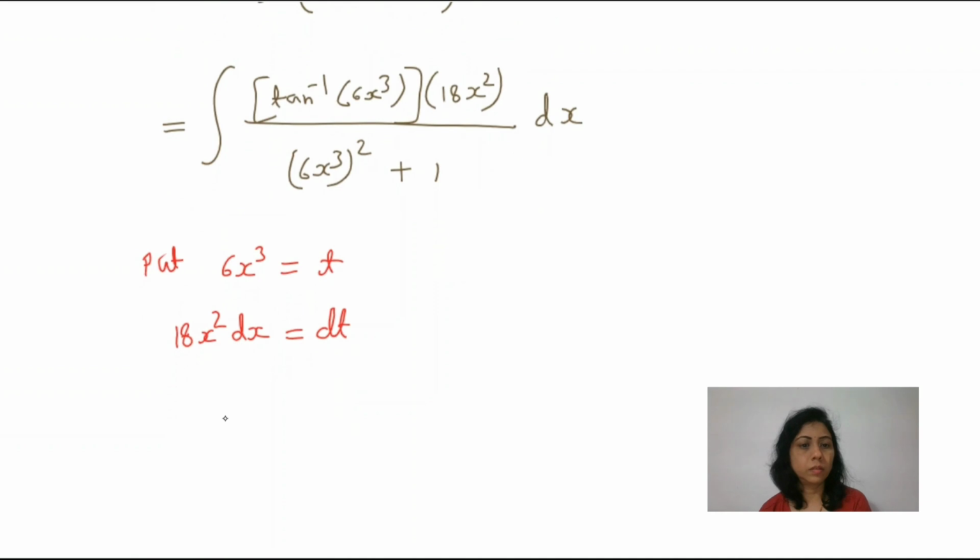Then I is equal to the integration of tan inverse 6x cube, which we can write as t, over t square plus 1, dt.